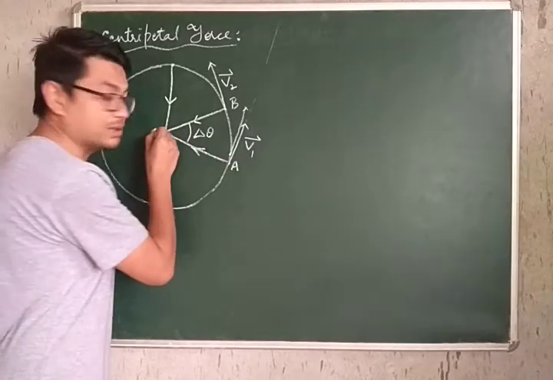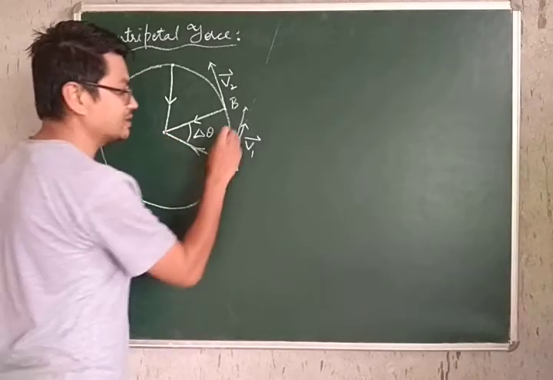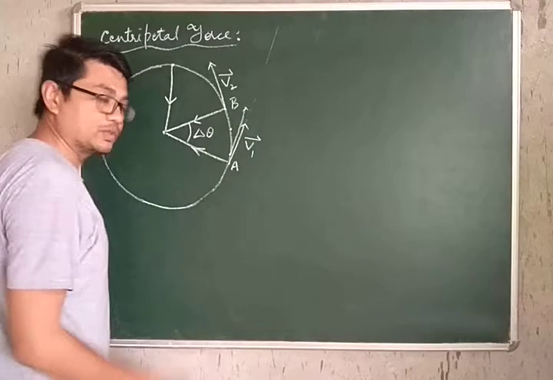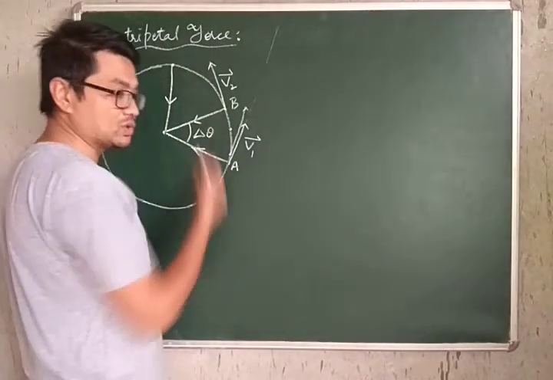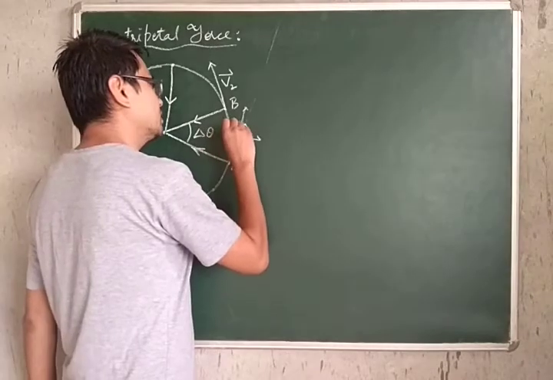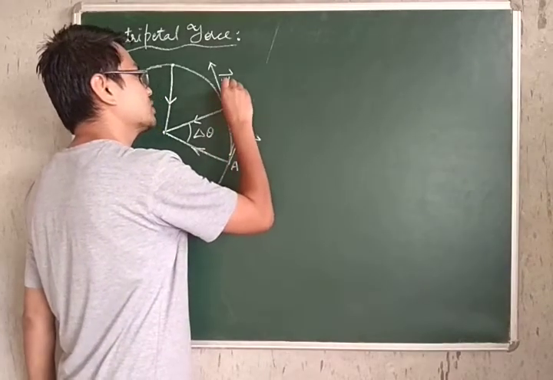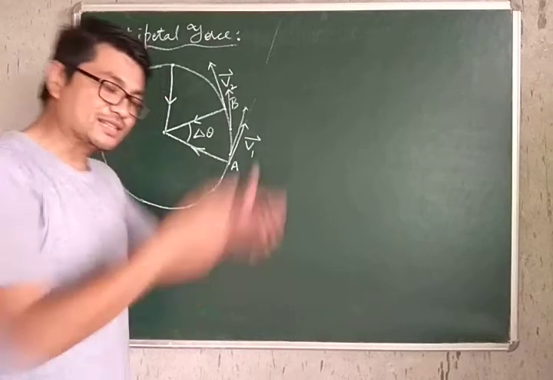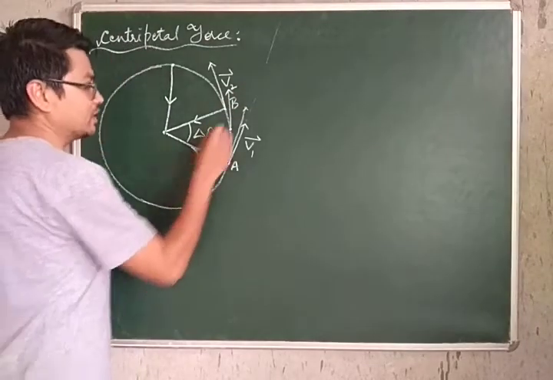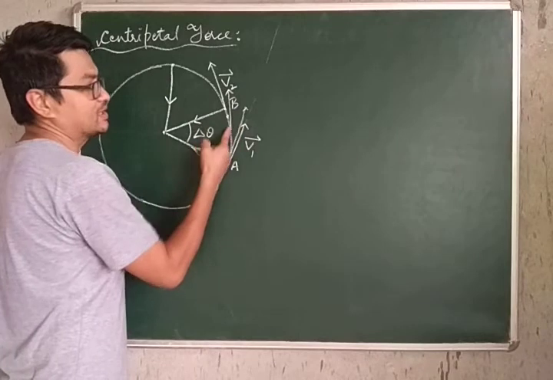The body gets pulled in the inward direction, and thereby the body, say for example, reaches over here. Again, at this point also, if there was no centripetal force, the body would continue moving in a direction like this, so to say. But again, since there is an inward pull, the body reaches this point.